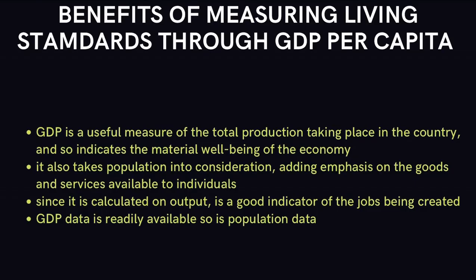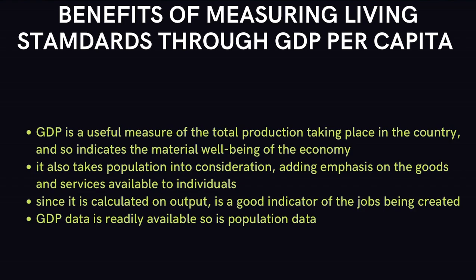Now let's look at the benefits of measuring living standards through GDP per capita. Firstly, it is a useful measure of the total production, because GDP takes account of the total production in a country, and that's why it indicates the material well-being of the economy. It takes population into consideration because when you're finding the capita, you have to divide it by population.